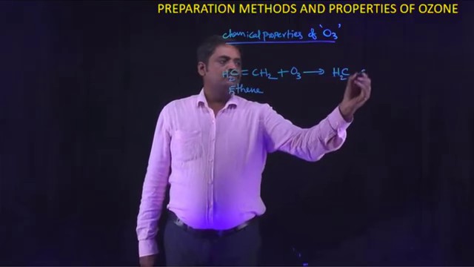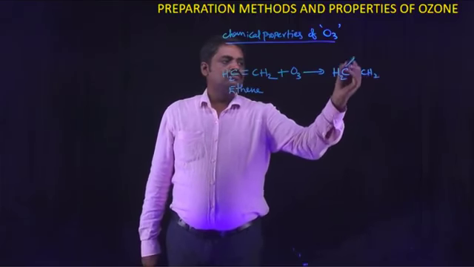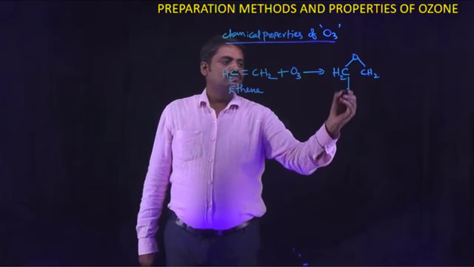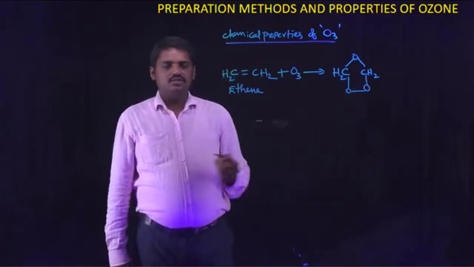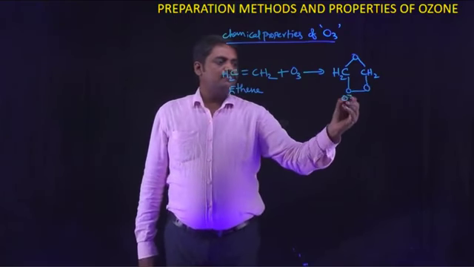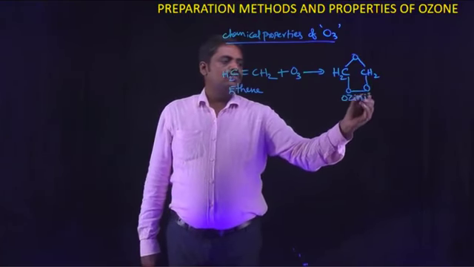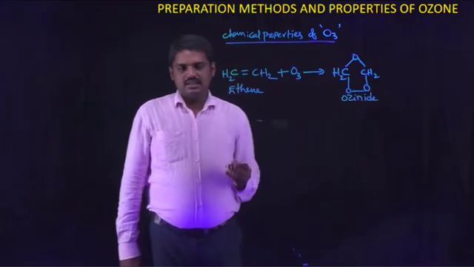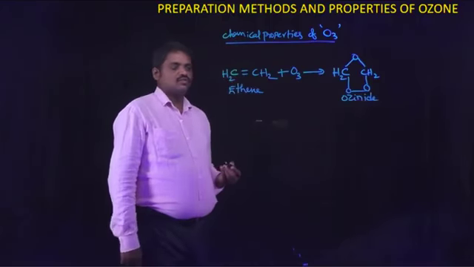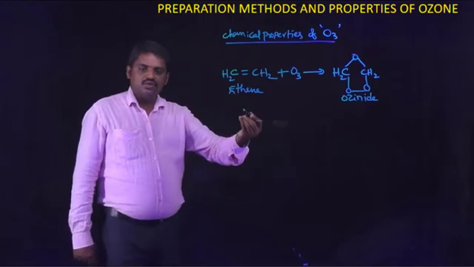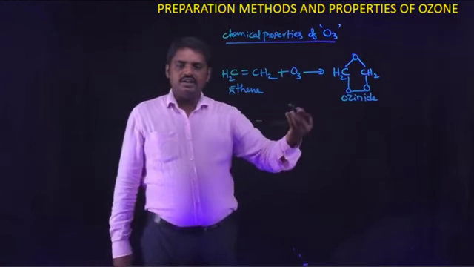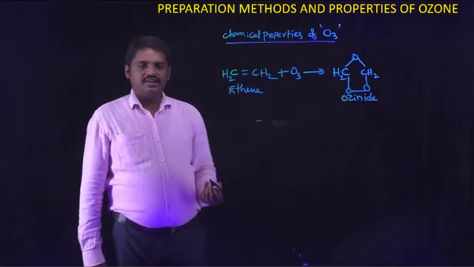CH2, CH2, with the trioxygen bound within this molecule. This type of molecule is known as an ozonide. In general, the ozone molecule reacts with alkenes to produce ozonides.